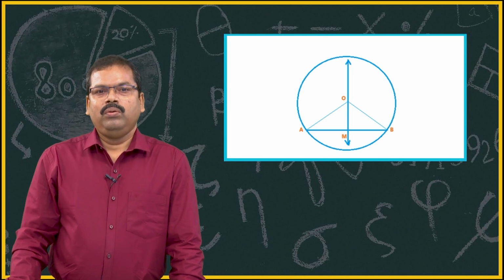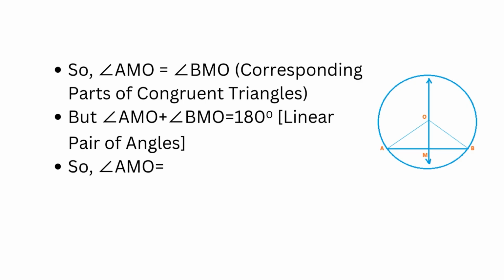So, their sum is 180 degrees. What we know, students? Angle AMO equals angle BMO, proved earlier, and their sum is 180 degrees. So, the measure of each angle AMO and BMO is 180 degrees divided by 2, that is 90 degrees.